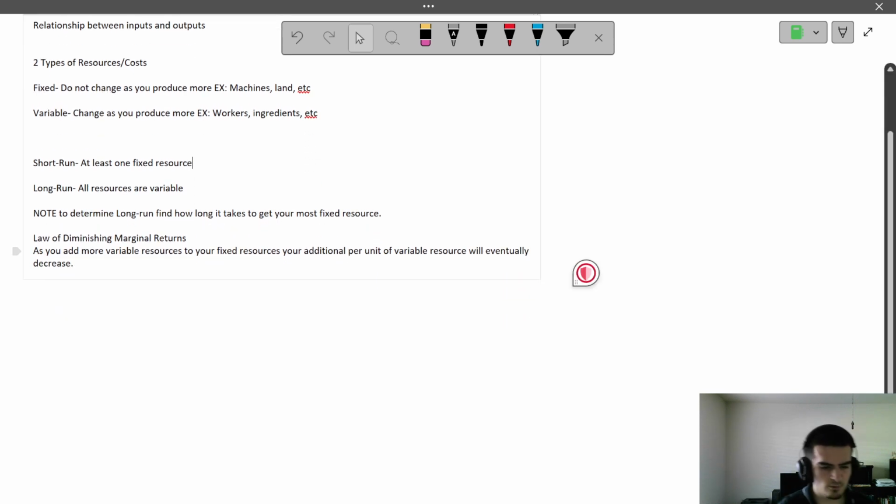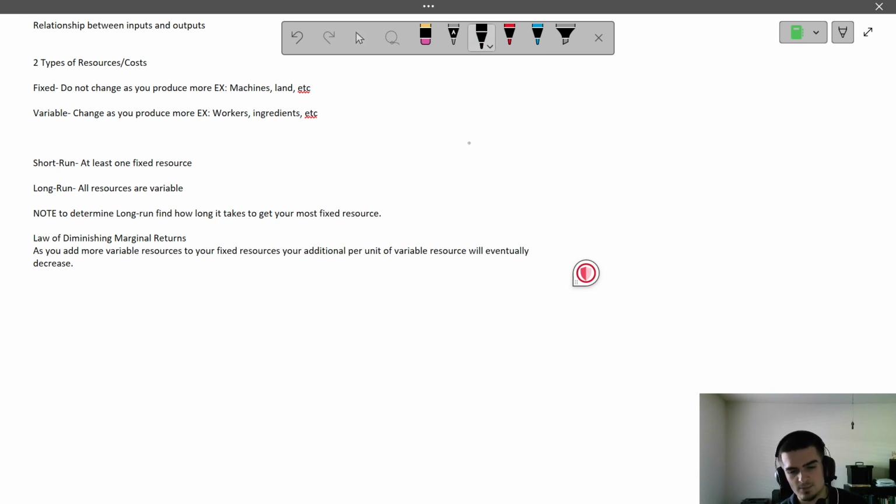Last thing about 3.1 is we're going to talk about the law of diminishing marginal returns. As you add more of a variable resource to your fixed resource, the additional output per unit of variable resource will eventually decrease.